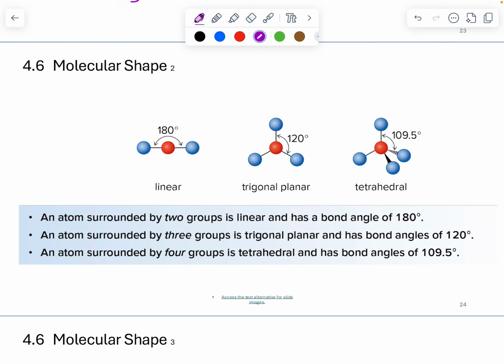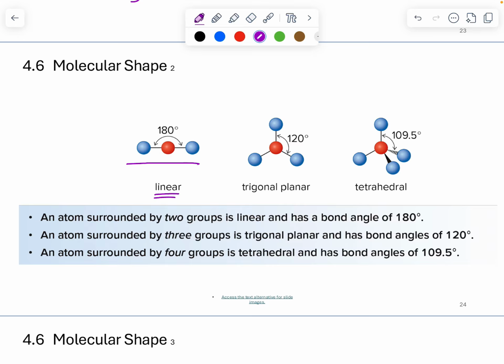It says an atom surrounded by two groups is always going to be linear. So in this example we have the central atom in red, and then we have two bonded atoms, one on each side. And so the central atom is surrounded by two atoms, and that takes on a linear shape. The greatest distance that these two atoms can have from each other would be 180 degrees, and the shape is called linear.